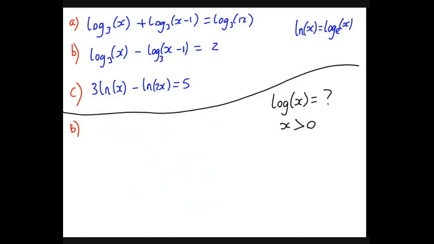Hold on. It says minus though. Can you do what you just did? Oh, okay. That might make it a lot easier. Yes. So log base 3 of x over x minus 1 equals 2.